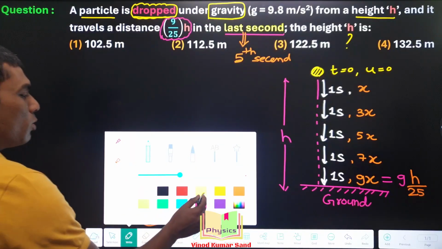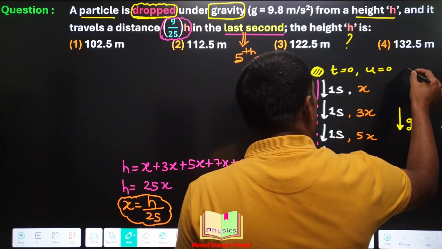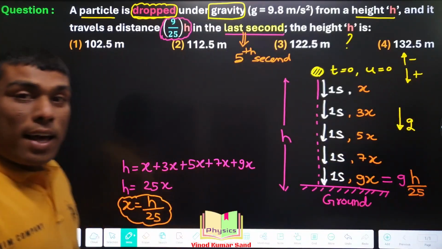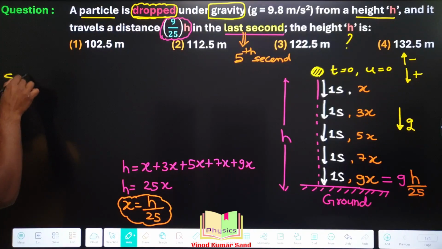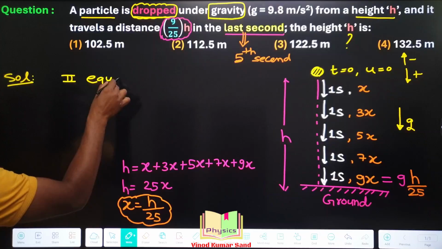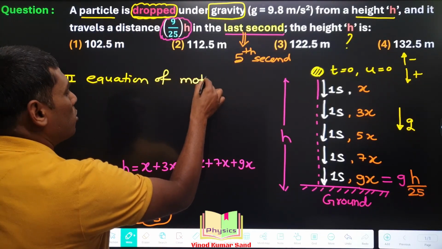So acceleration due to gravity we consider as g here. This downward direction we consider as positive, upward direction we consider as negative. And for the solution we will use the second equation of motion. Since acceleration is constant, we can easily use the second equation of motion.